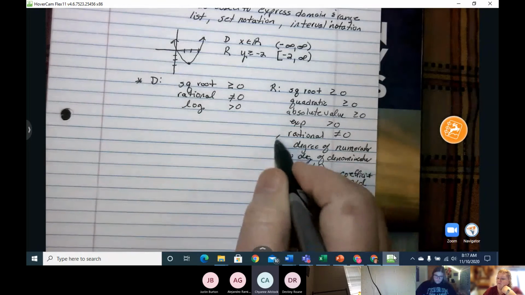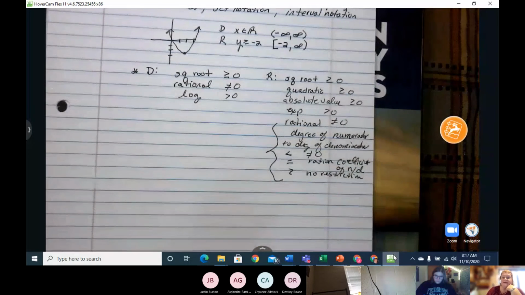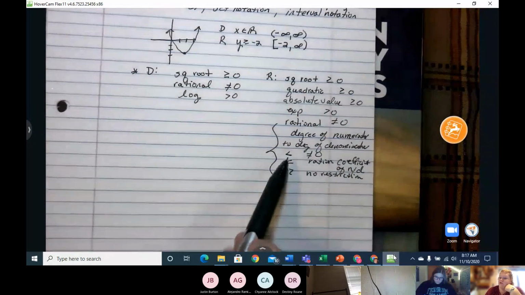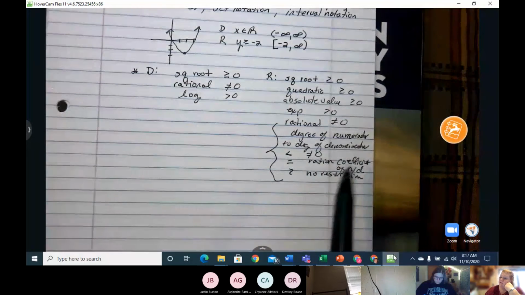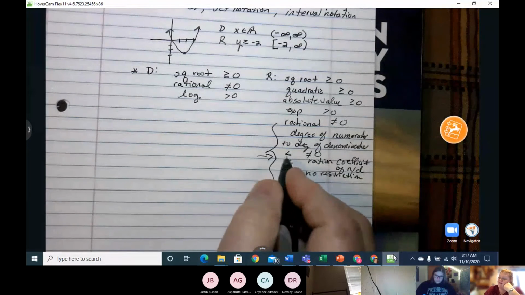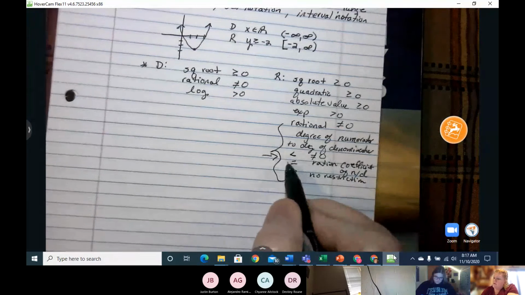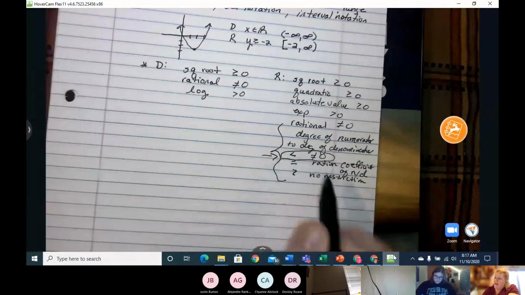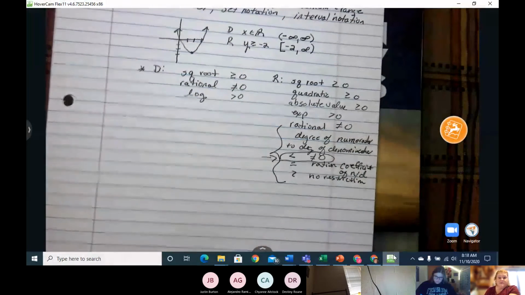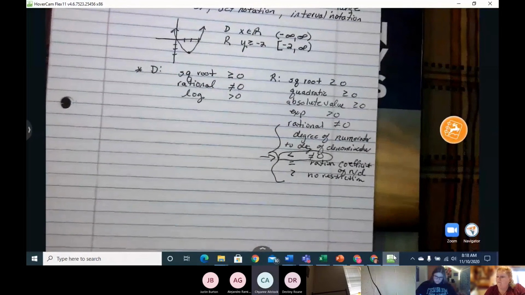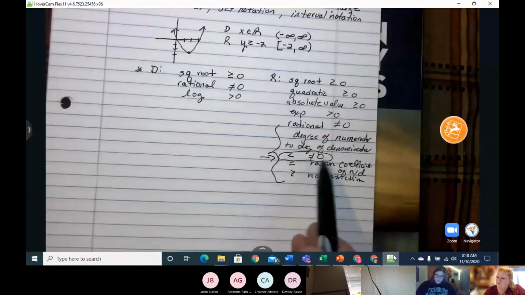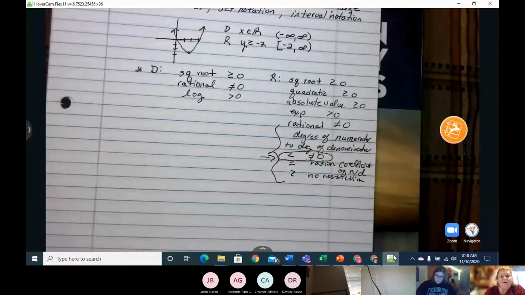So rational function gets a little bit complicated. That's why you will not see much beyond this on your test. If you were taking a more advanced class, you would get into these other restrictions, but for our case, we will focus on the one where it's less than and just restricting 0.